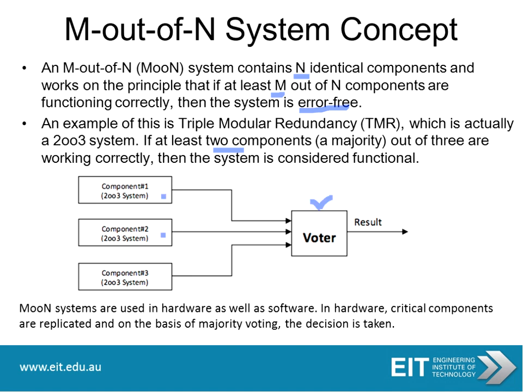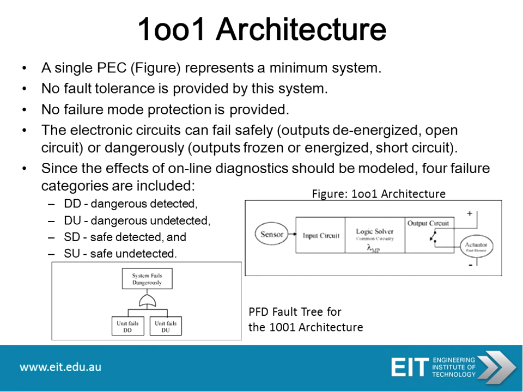So there you can see component 1, 2, and 3, and 2 out of the 3 must be working correctly, and then the system will be considered functional. Now, M out of N systems are used in hardware as well as software. So in hardware, critical components are replicated on the basis of the majority voting. The decision is then taken.